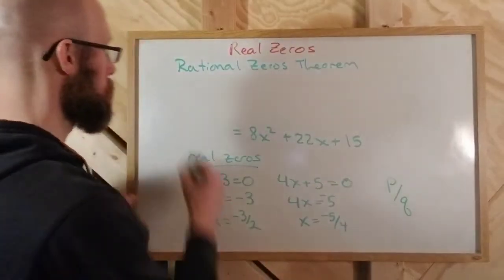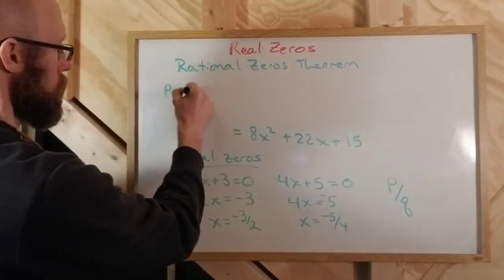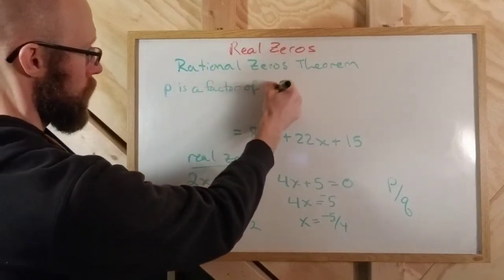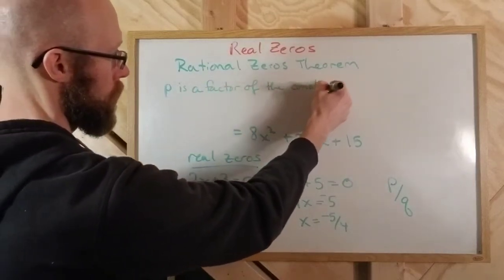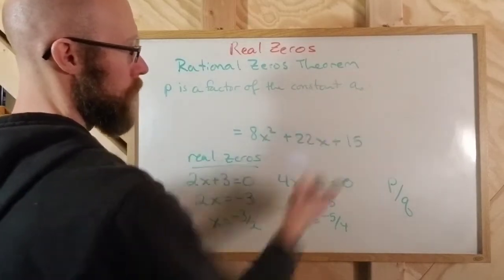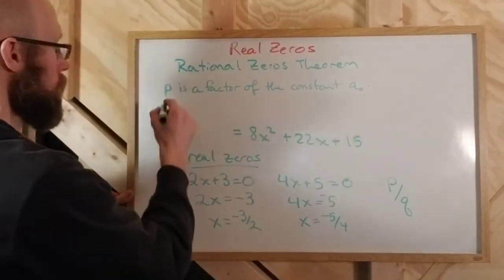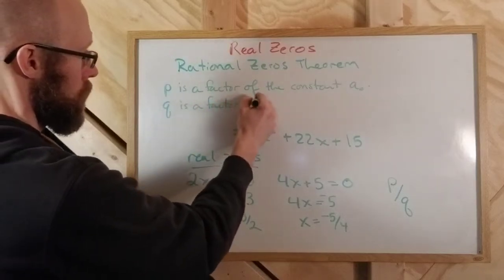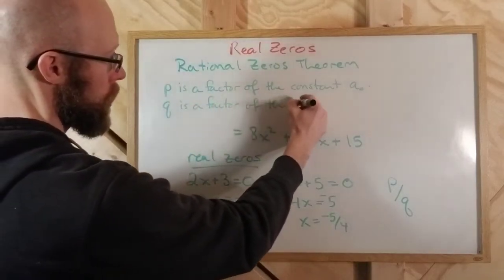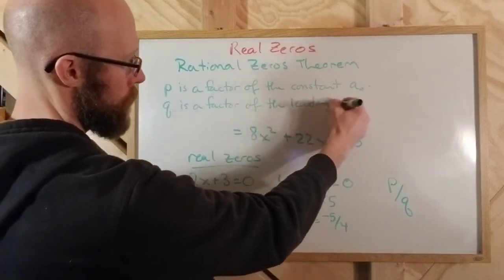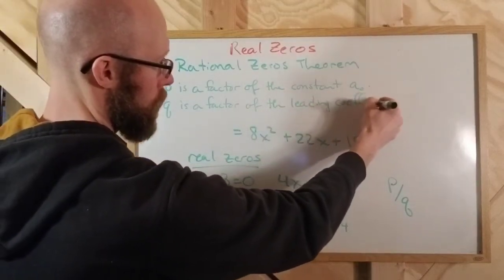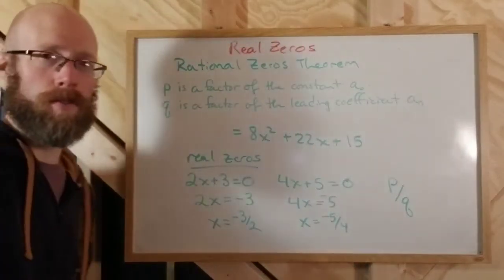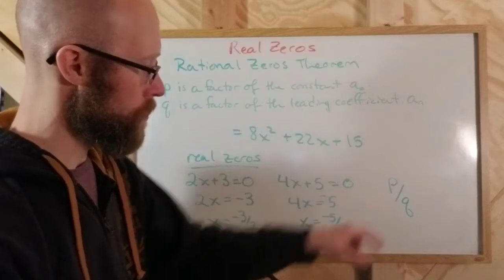P is a factor of the constant, which we'll call a sub 0 in the standard form, and Q is a factor of the leading coefficient, which we'll call a sub n. So, P over Q.